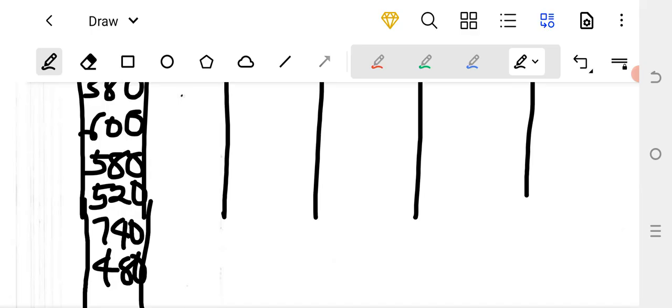So you have your 520, your 740, and then your 480.